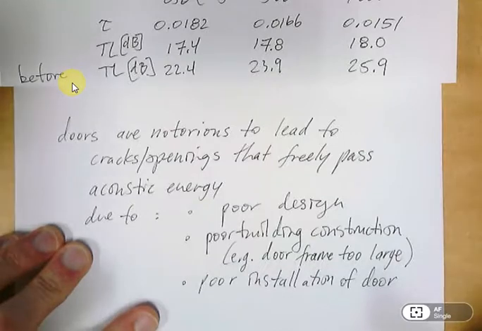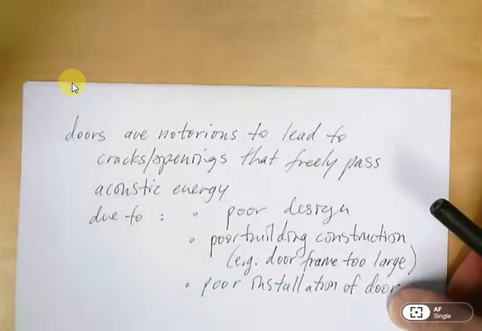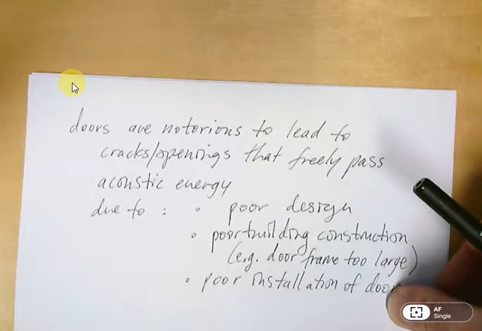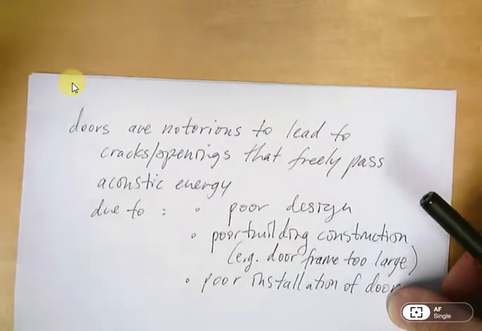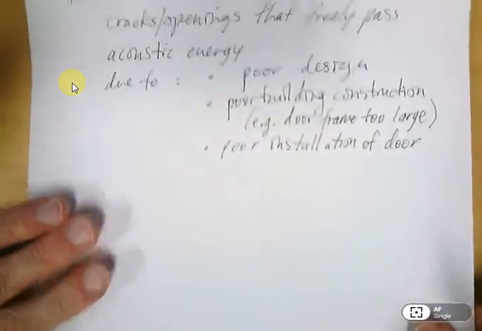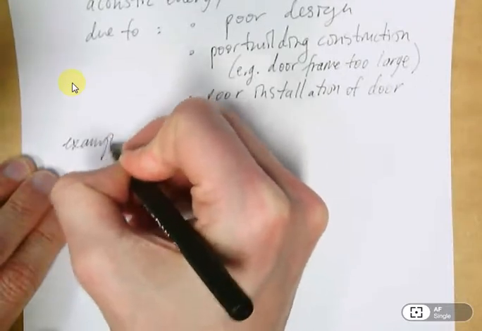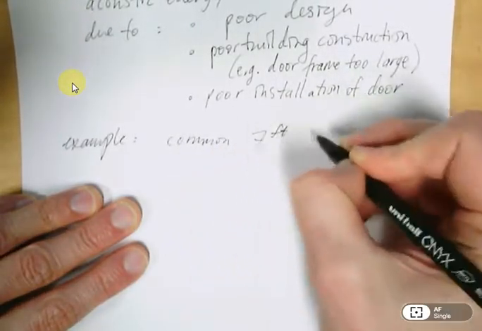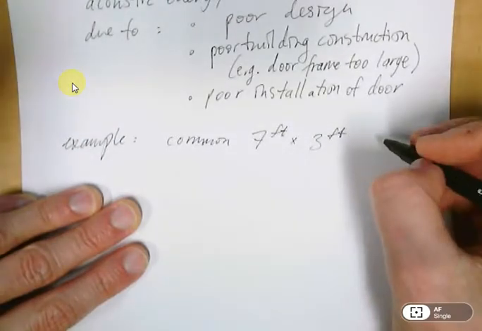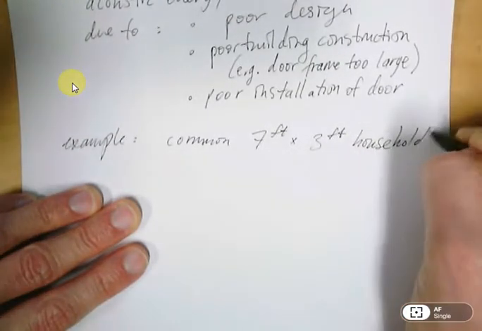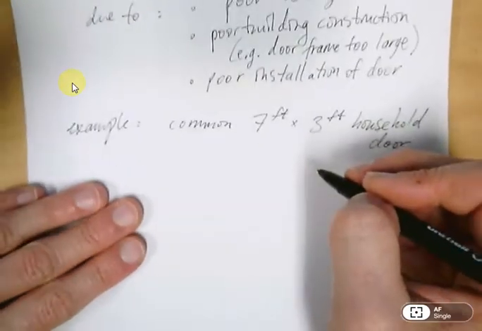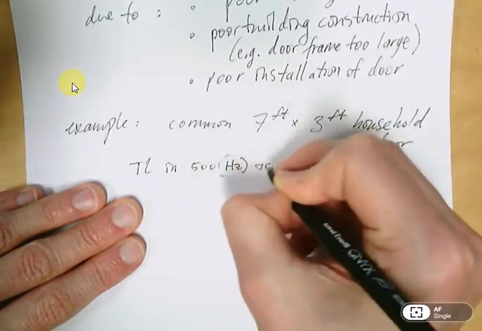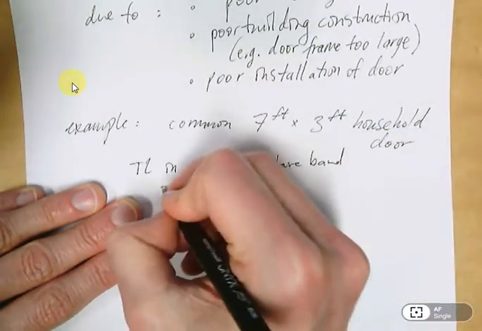So let's consider this other example. Where we have a common 7-foot by 3-foot door, so the transmission loss in the 500 hertz octave band is 29 decibels.